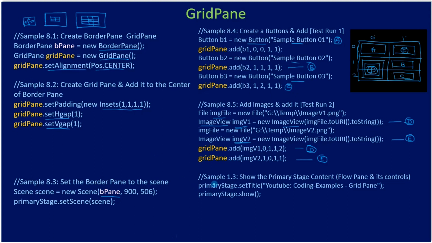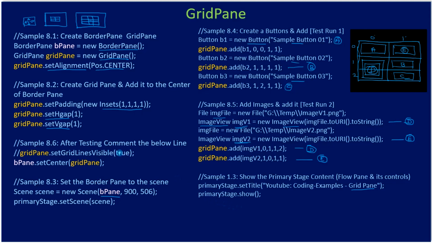So after this we set a title for our stage, grid pane, then we are showing the primary stage. Alright, once the grid pane is ready, we add our grid pane to the border pane, and here we are making a call to center.